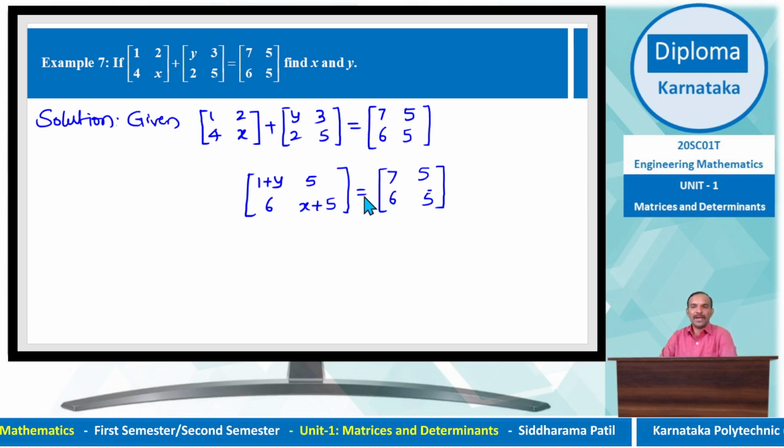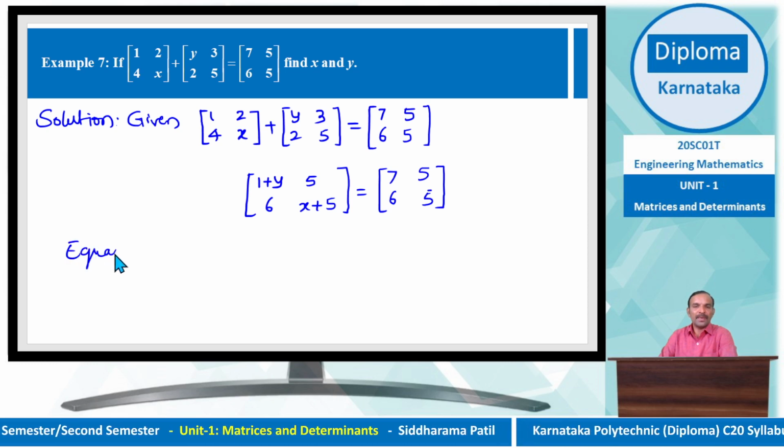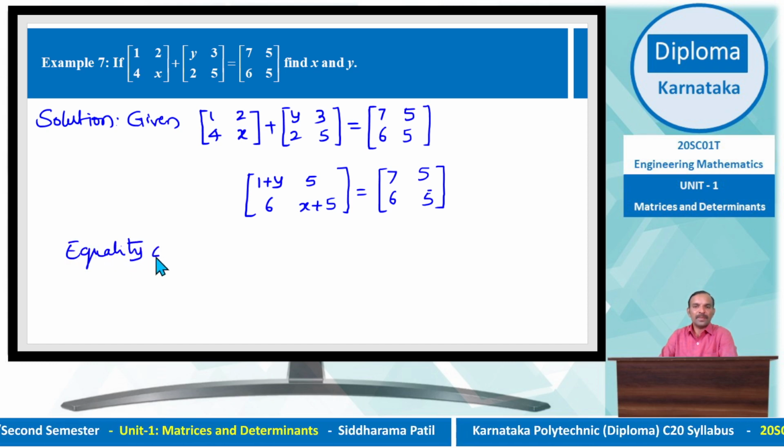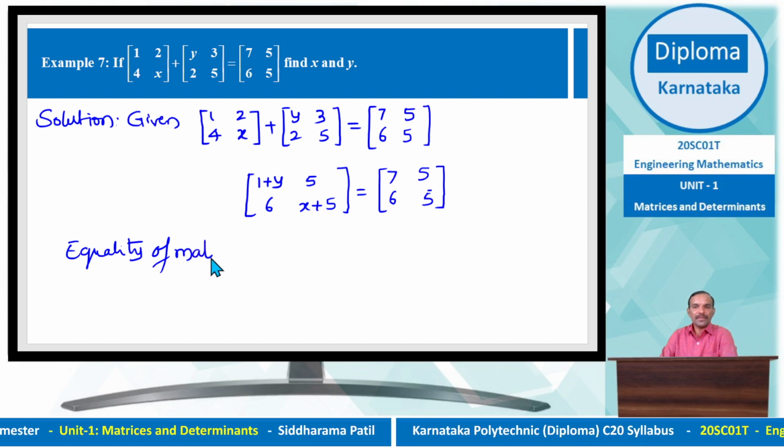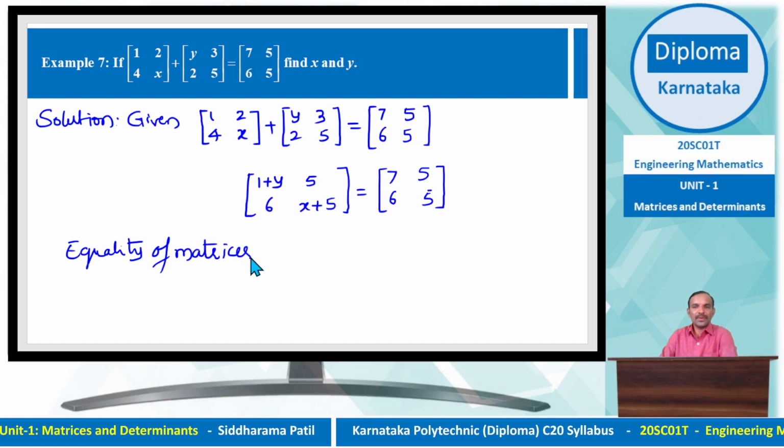Now there are two matrices with equal sign, that is equality of matrices. By equality of matrices, just we discussed what the equality of matrices gives.